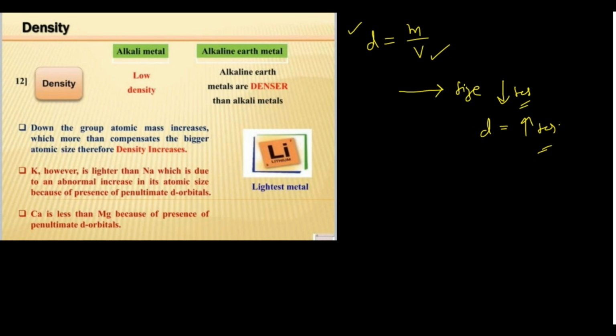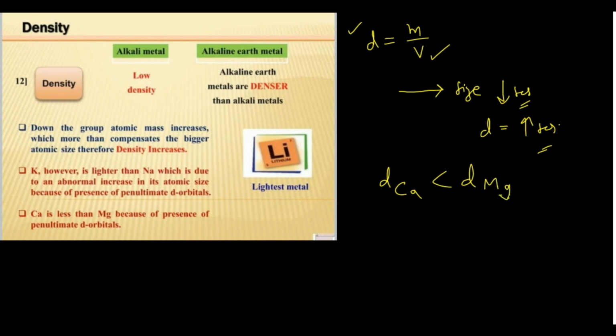Down the group, the atomic masses increase, whether you are observing the alkali metals or the alkaline earth metals, it will not make any difference. Atomic mass increases, which more than compensates the bigger atomic size.